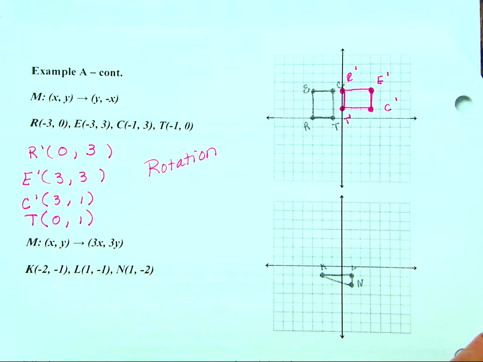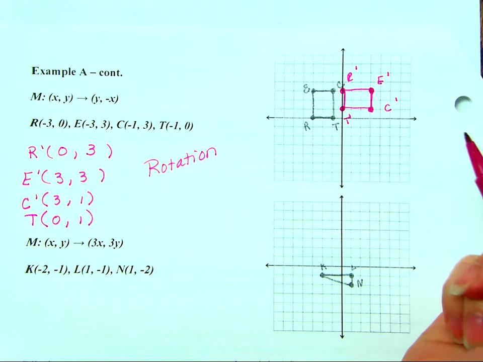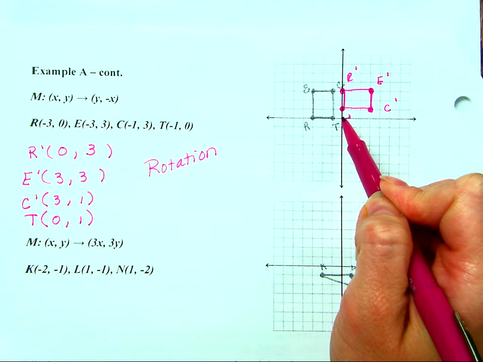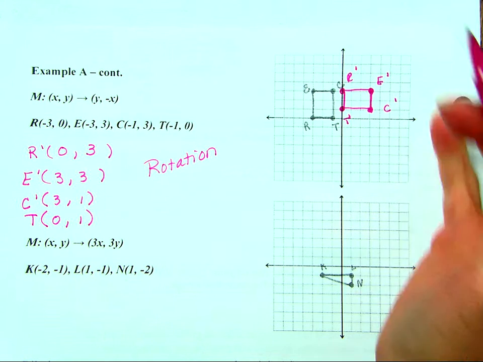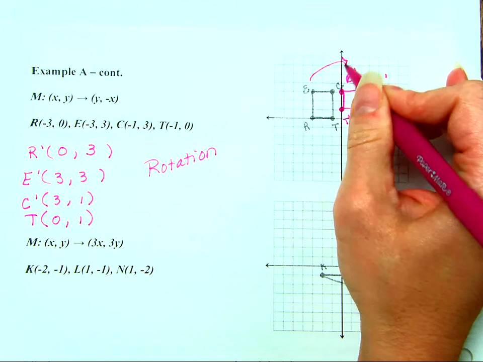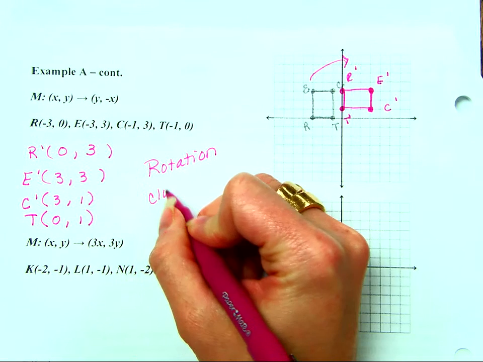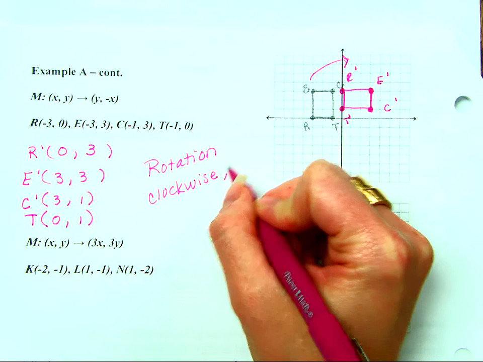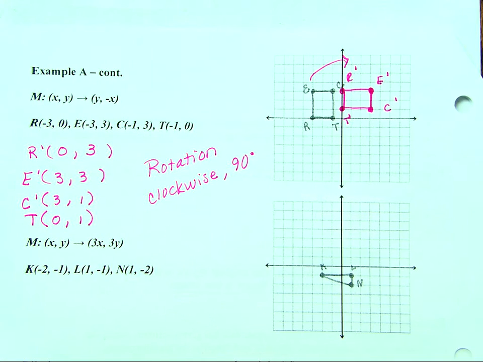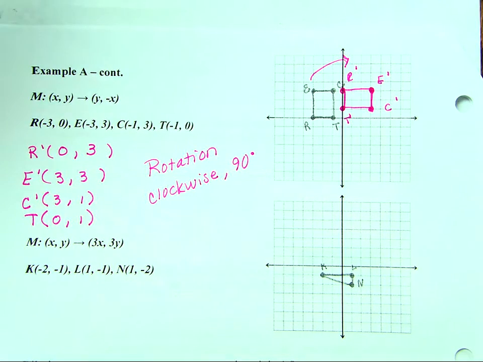Now the rotation is going to be about the origin, so we can imagine that there would be a tack holding this coordinate plane at the center, and that is how it would rotate. If I were describing it, I can see that it's moving this way, and so that would be a clockwise rotation. And actually, specifically, it would be 90 degrees. How do I know that?